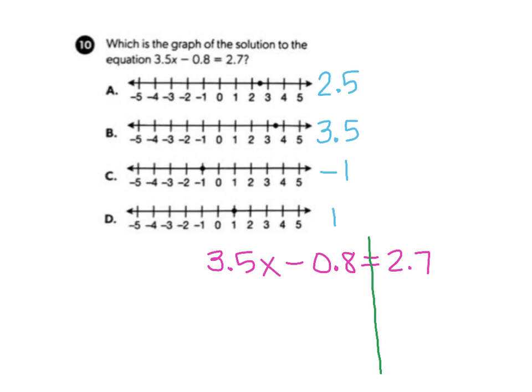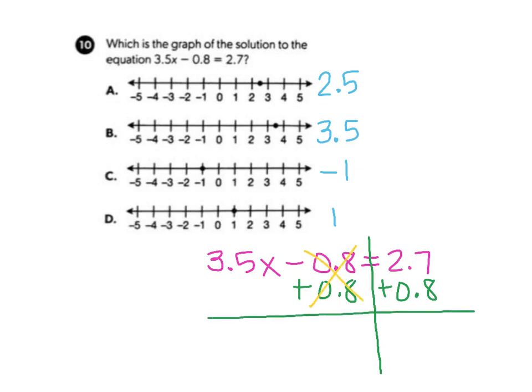So instead of doing negative or take away 0.8, I'm going to do the opposite of it, and that would be positive or plus 0.8. And whatever I do to the left side, I do to the right side. So positive 0.8 or plus 0.8.